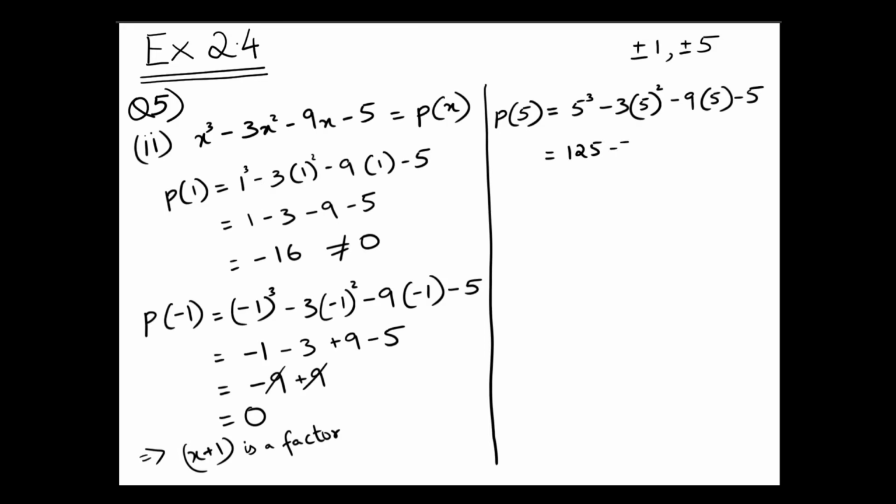This is 125 minus 75 minus 45 minus 5. The negative terms over here add up to minus 125. They will cancel each other out, and we get p of 5 is equal to 0, implying that x minus 5 is a factor.